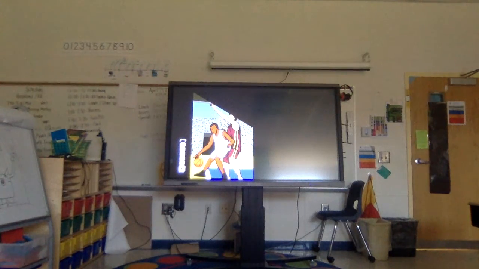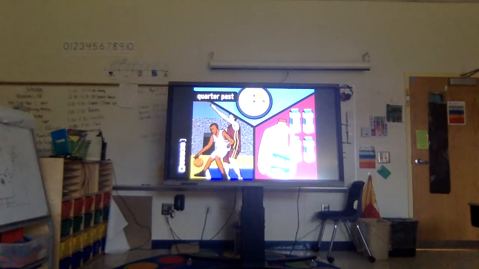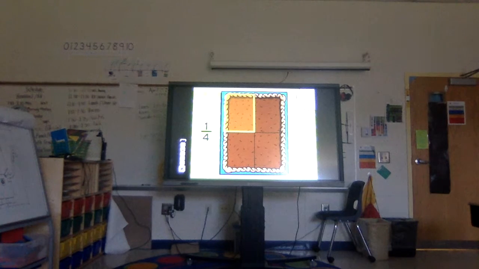Basketball games are divided into 4 quarters. Quarter past means 15 minutes after the hour, and 4 quarts make a gallon. This is 1/4 of the cake. This is 2 quarters, 3 quarters, and 4 quarters. 4 divided by 4 is 1, so 4 quarters is 1 whole cake.